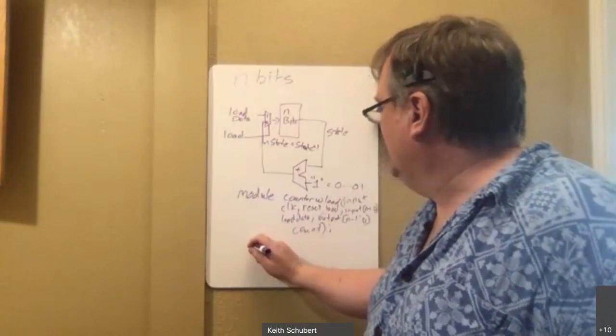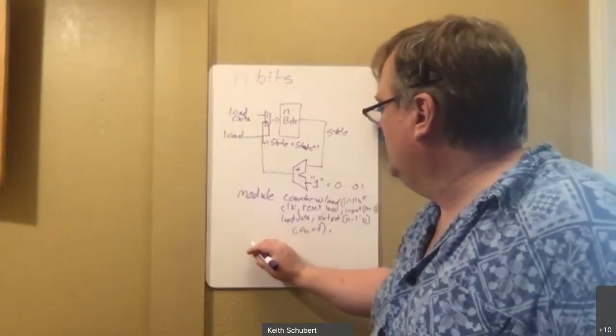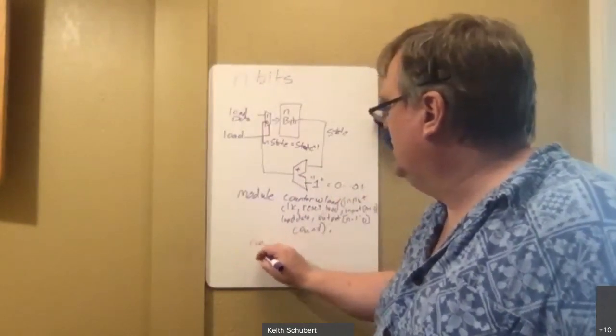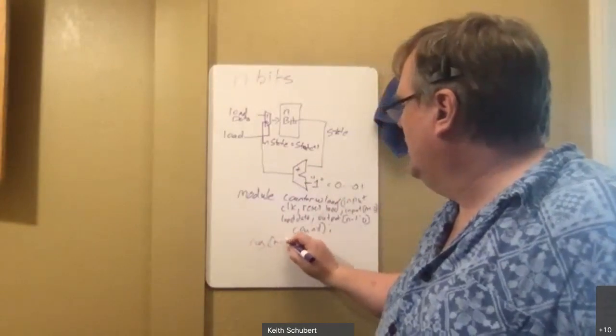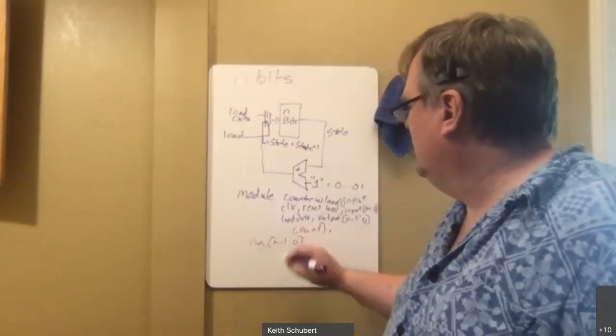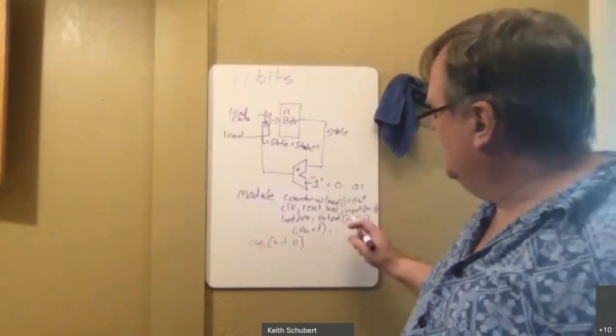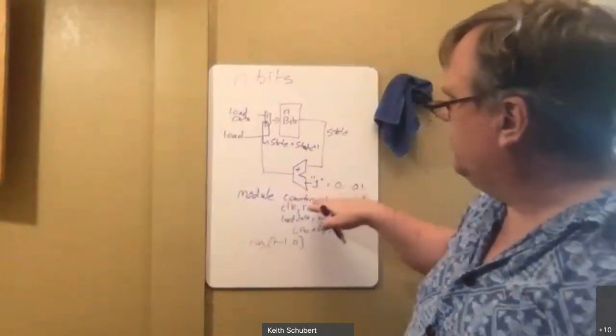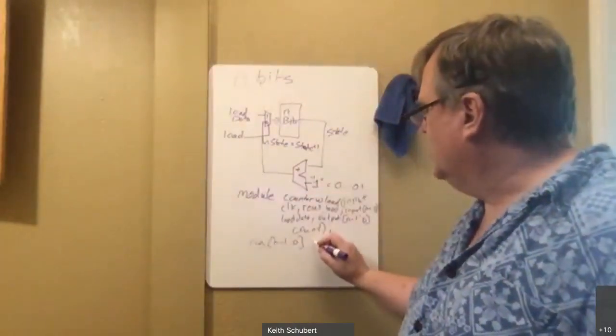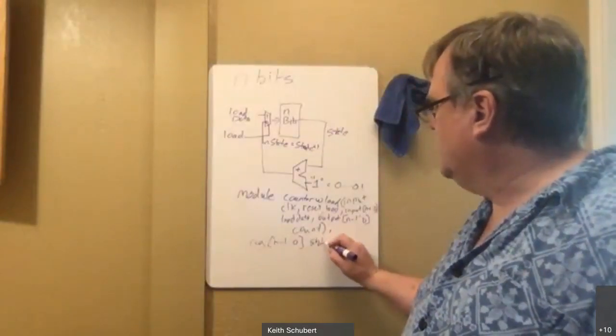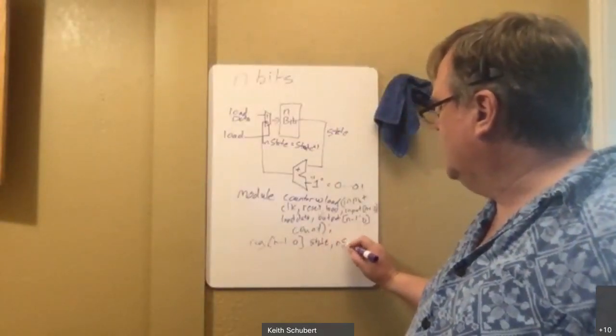So I would technically then have a reg n-1 down to 0, and I'm assuming you substitute with your number or you set a parameter. I'm not going to sweat that right now. I'd have state and next state.